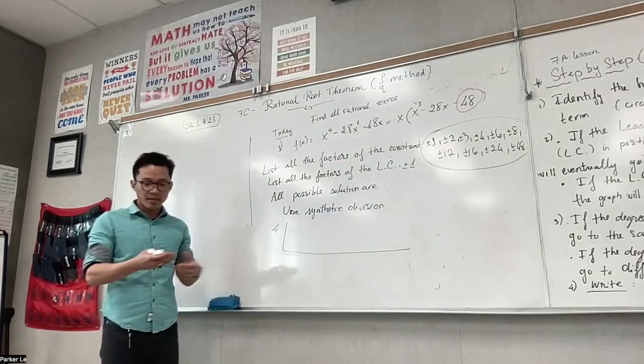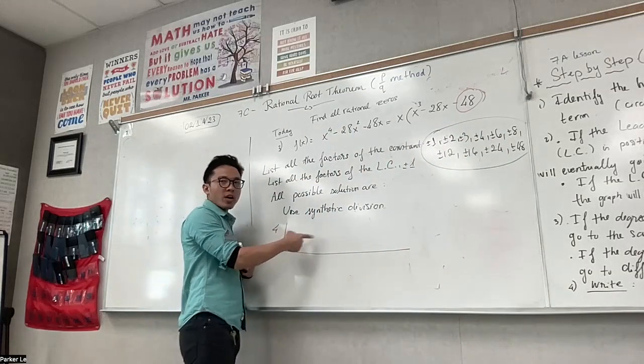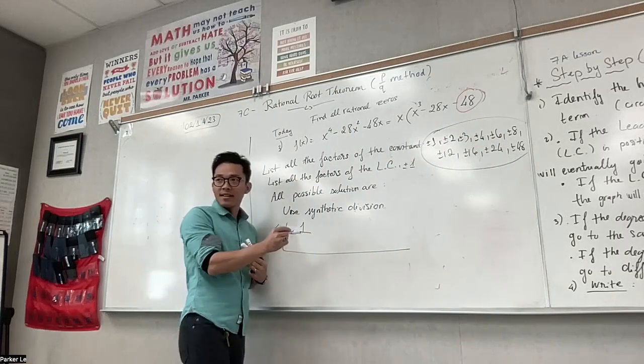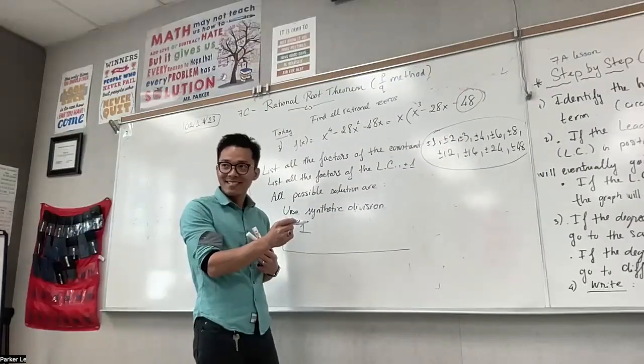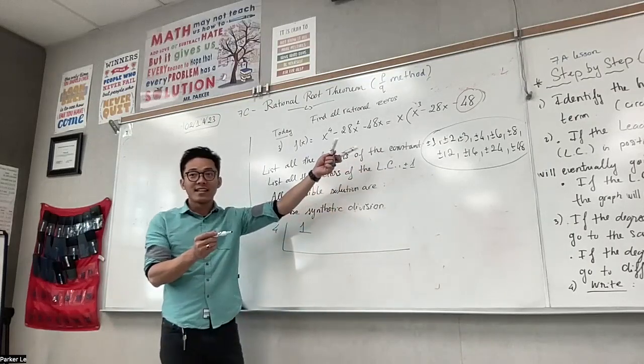So you want to try the 4? Okay, let's try 4. What numbers am I going to put here? 1, 0, negative 20, negative 48. The 0 is missing.